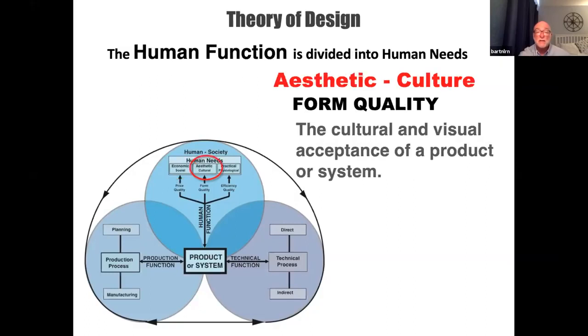And then the second human need is the aesthetic and culture, form quality, the cultural and visual acceptance of a product or system. I spent some time at the university in Jeddah, and it's a different culture from where I live in America. I certainly loved what I saw and experienced there, but that's what we're talking about, the aesthetic and the culture, the form quality.